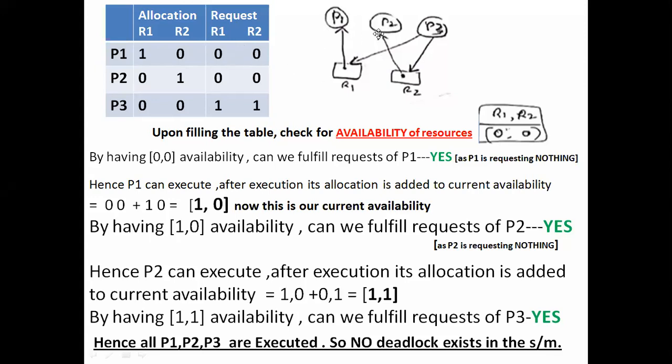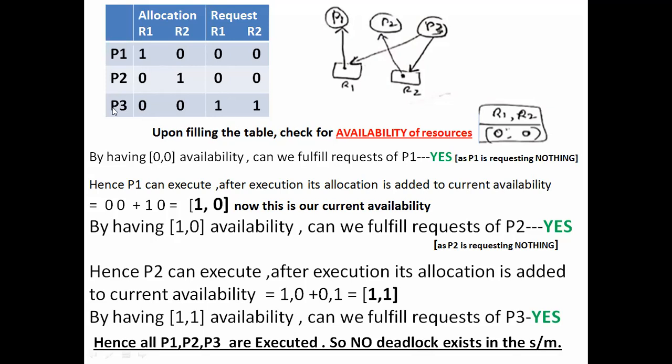And if you look at the second process P2, this P2 is also not requesting either resource R1 or R2. Why? Because no arrow mark is leaving the process P2 and moving towards R1 or R2. Hence, this value becomes 0, 0.